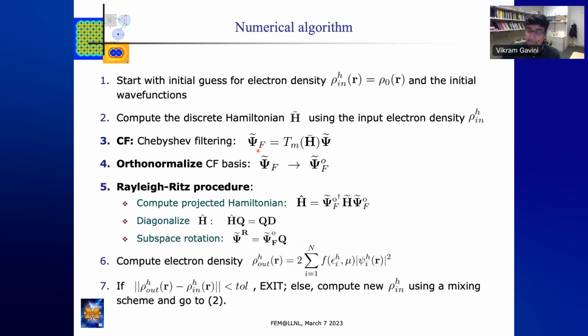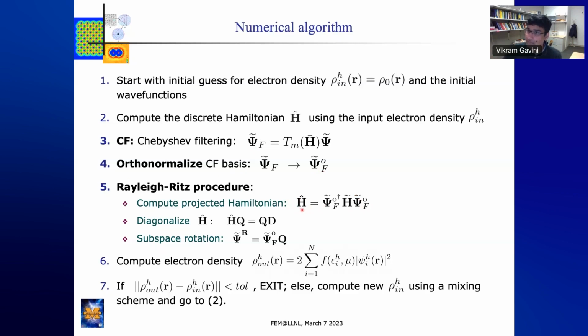Now, the filtered vectors that we get are not necessarily going to be orthogonal. In fact, they won't be orthogonal. So it is beneficial to orthonormalize them because then the projection into this filtered space becomes easier. So we orthonormalize the Chebyshev filtered basis, and then we project the original eigenvalue problem into this Chebyshev filtered subspace.